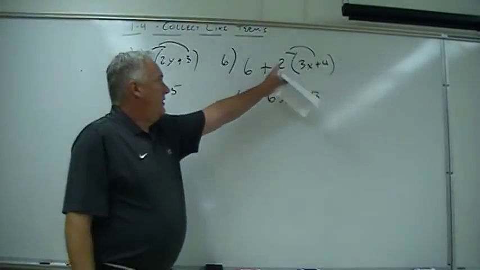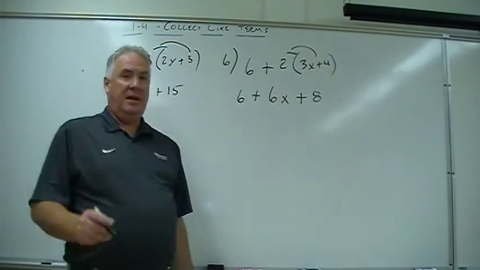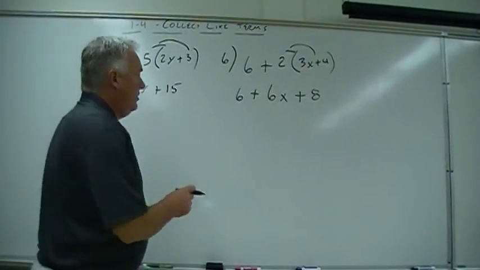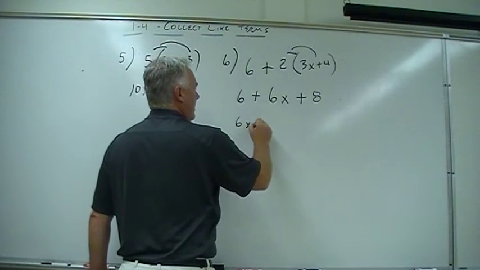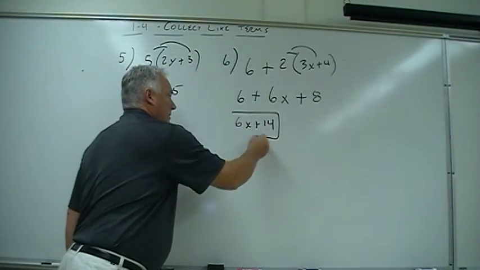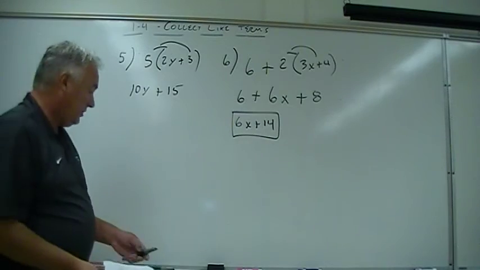Once we've done our distribution, 2 times 3x is 6x, 2 times 4 is 8. Again, this is a review from Algebra 1. You should have distribution. What are our like terms? It's our whole numbers. So there's our answer to the problem. There's our simplified version of that expression.